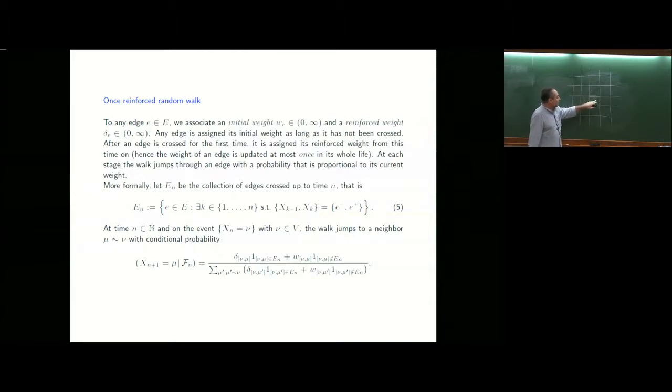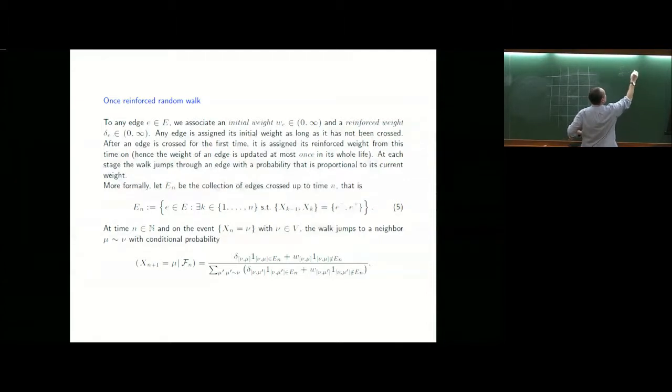Of course, you can take delta positive and negative. If it becomes negative but greater than minus 1, then the edge somehow loses weight. And if delta is positive, which I always assume, then this edge gains weight. Okay? You are here, 1, 1, 1, and this is 1 plus delta. If delta is very small, you essentially don't feel the difference.